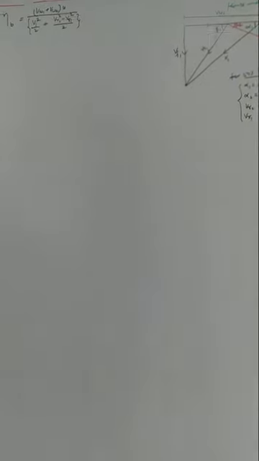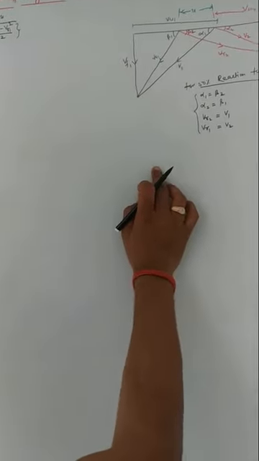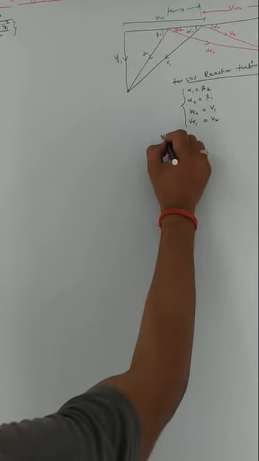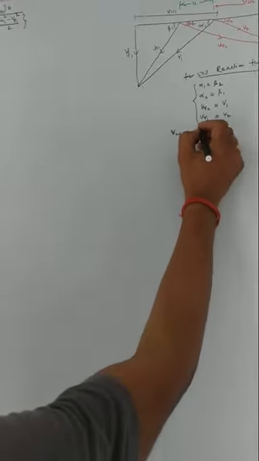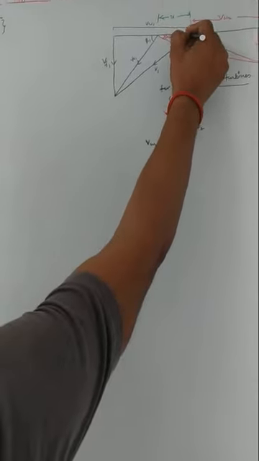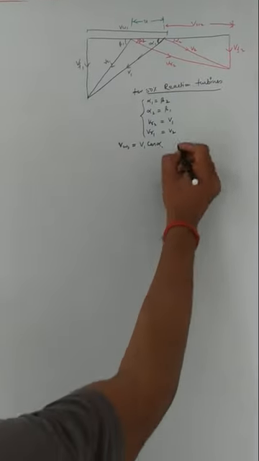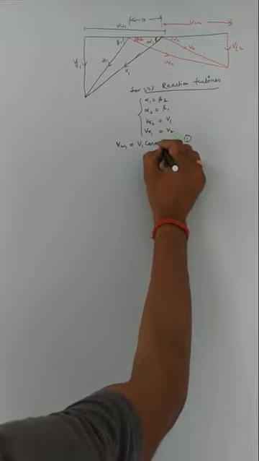For the numerator, using the velocity triangle, we can write VW1 is equal to V1 cos alpha 1, from the inlet triangle. This is equation 1.